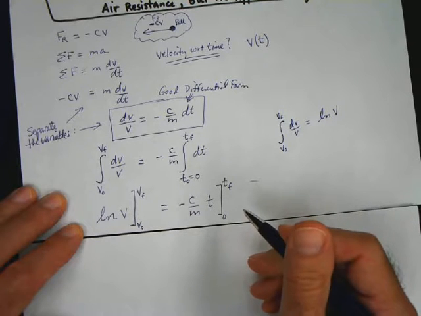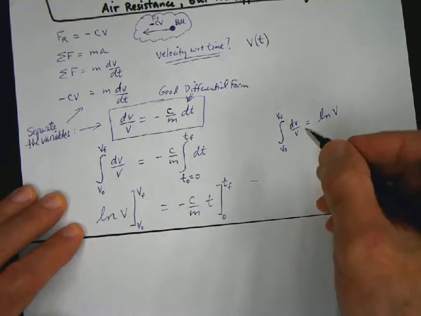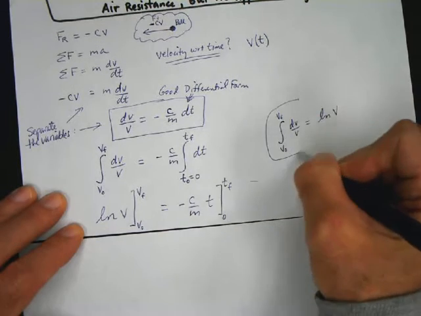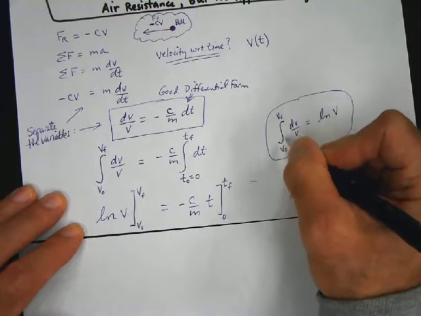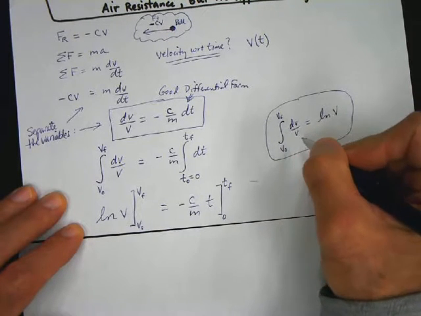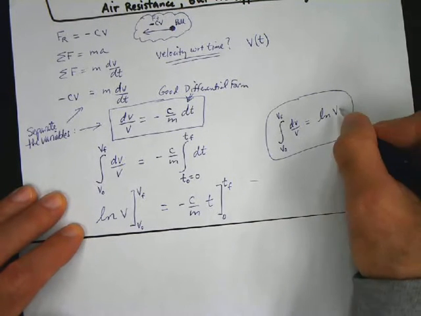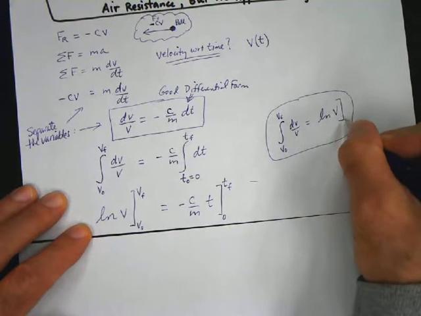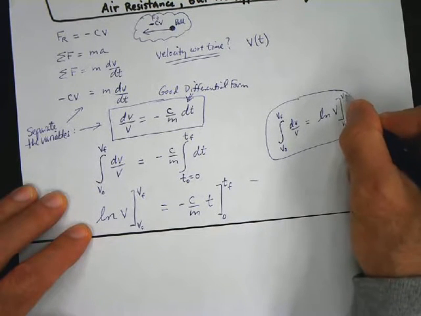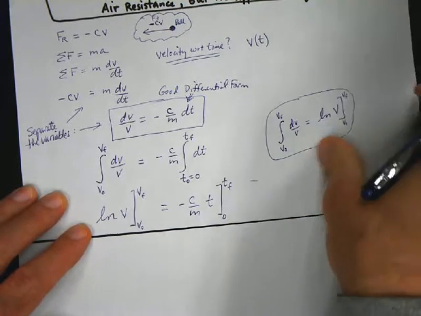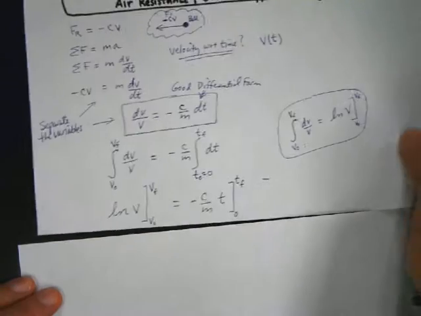Of course, we have that constant in front, negative c over m. And we're going from t equals 0 to a final tf. So I just used an integral formula that the integral of dx over x or dv over v or whatever would be equal to natural log of x or natural log of v, and then evaluated from v naught to vf. So far, so good?